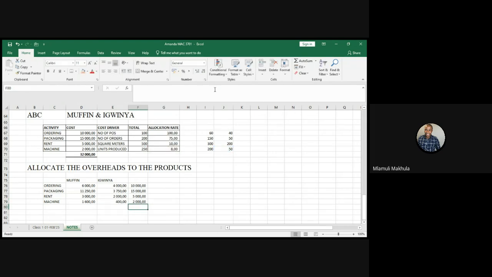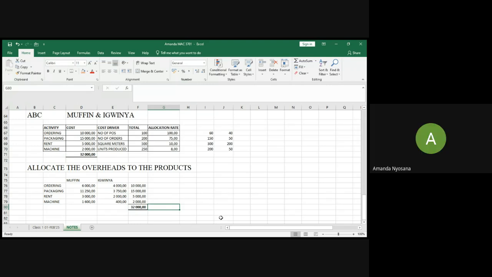And then we see how much the total of our overhead is. It's exactly 32,000. That 32,000 will be allocated to these products. Are you with me?